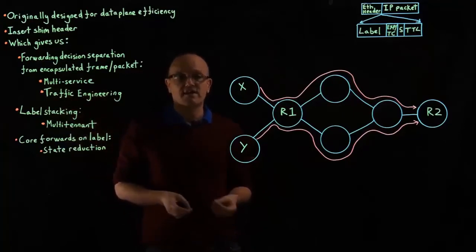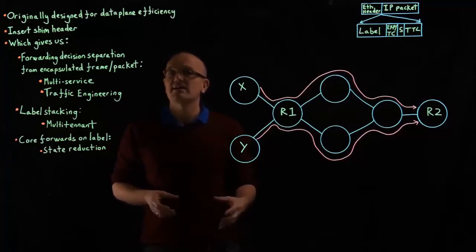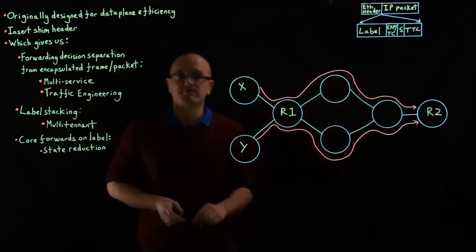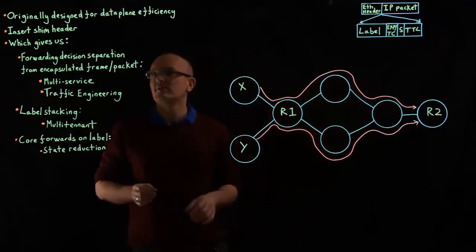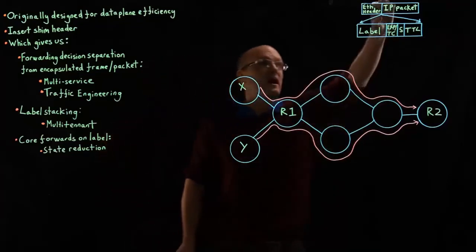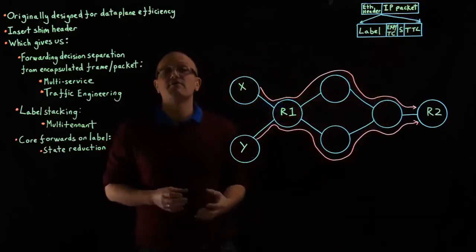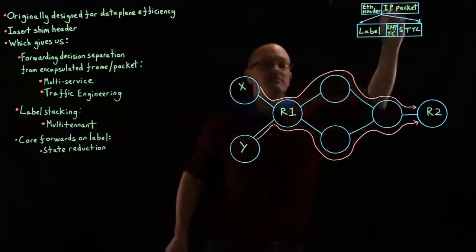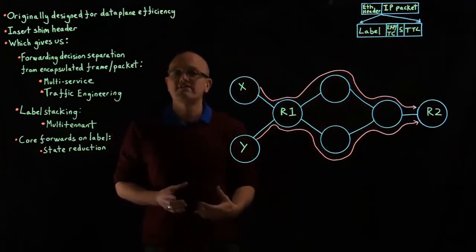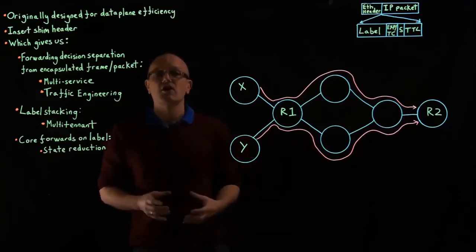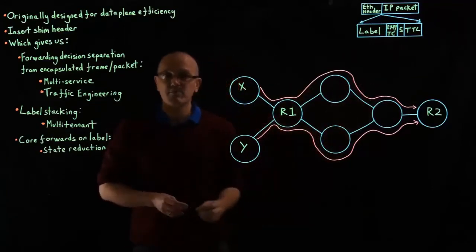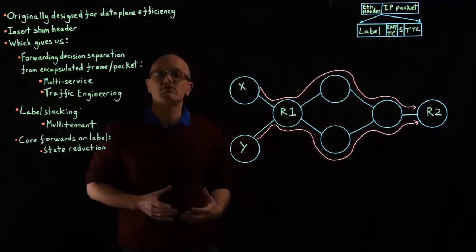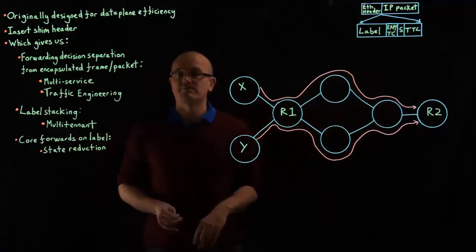So we can have things like layer 3 services and layer 2 services running across a common core network, because we're inserting this MPLS header between the encapsulated packet or frame, and we're forwarding on the label rather than the details within the encapsulated packet or frame. So it means that we can be running different services across the same common core. And this gives us statistical multiplex gains. It means that we can get the most out of our deployed bandwidth.